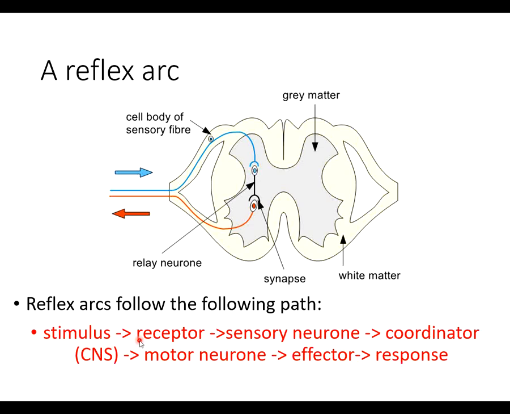The receptor, that would be your eye. The sensory neuron then takes that message into the central nervous system, which is your coordinator. That then sends an electrical impulse via your motor neuron to the effector and causes a response. So it might be that you then blink. And all reflex arcs follow this path. They do not go through the conscious part of your brain, and they're there for protection.